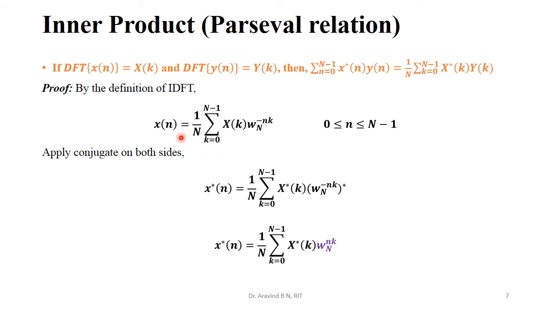So x of n expression we are going to have. Now let us, at the first stage, apply the complex conjugate on both sides. So we are going to get x conjugate of n is equal to 1 by n summation k is equal to 0 to n minus 1 X conjugate of k omega n minus nk whole conjugate we are going to have.